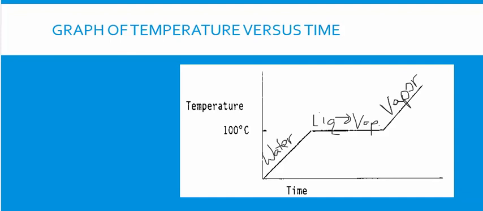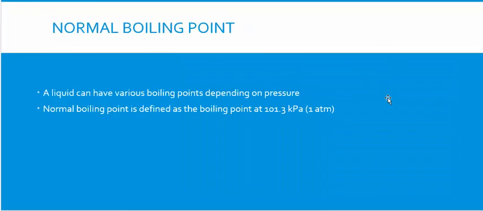But boiling water always boils at 100 degrees Celsius if it's still in the liquid phase. A liquid can have various boiling points depending on pressure, so we are going to define the normal boiling point as the boiling point at 1 atmosphere pressure, or 101.3 kilopascals.